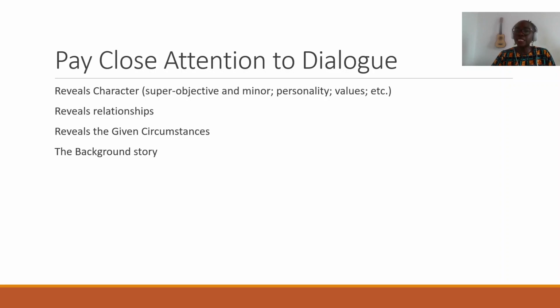It reveals personality through what the character says about himself, what others say about the character, what the character does, what the character says about others, and the character's values through their actions and in relation to the dialogue. It reveals the relationships between characters. It reveals the given circumstances. It helps us to know where we are, when the time is, what has happened in the past as well.